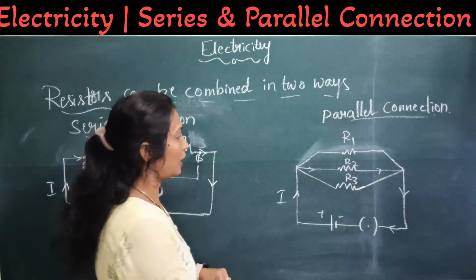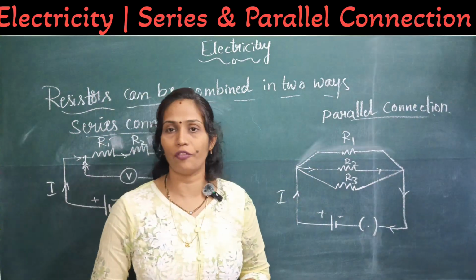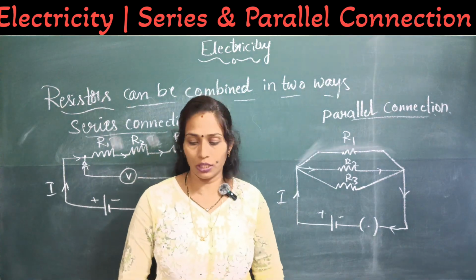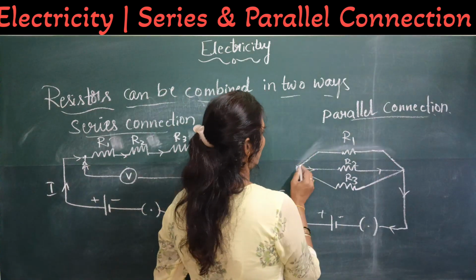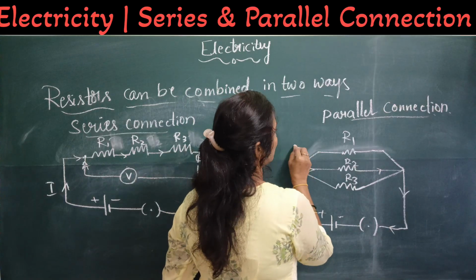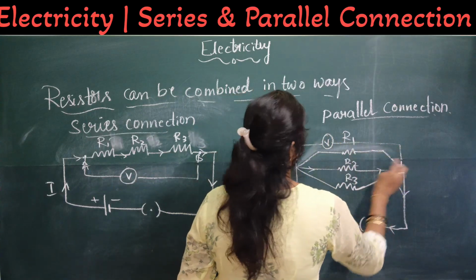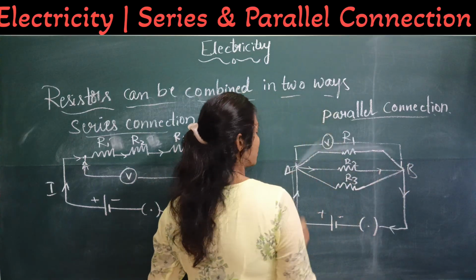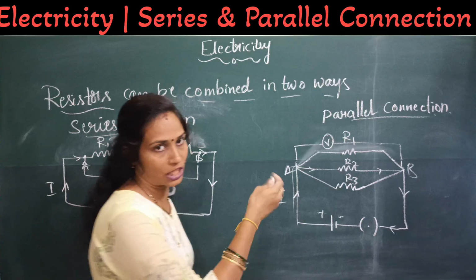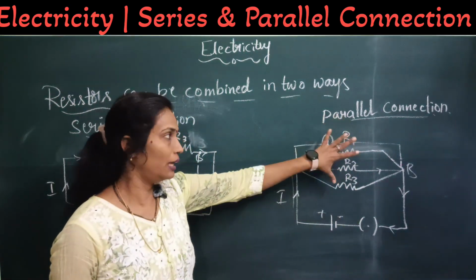And there are two points here which are very important, because the voltage, the potential difference, is measured with the help of these two points, A and B. How it is distributed, we'll discuss later.